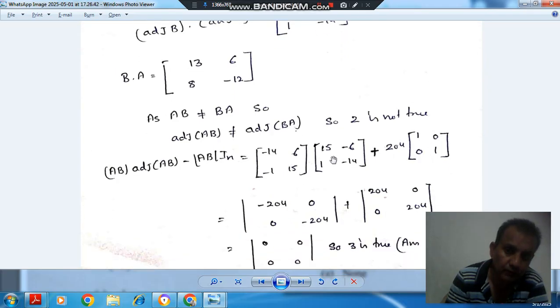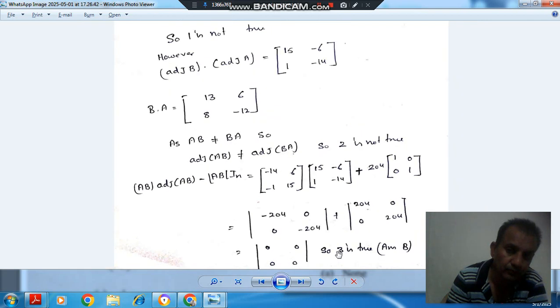Now if we multiply, we will get -204, 0 and 0, -204. If we multiply these two matrices and then take 204 here and add, the final matrix will be all zeros, which is the null matrix.